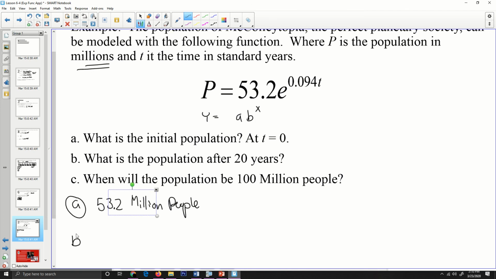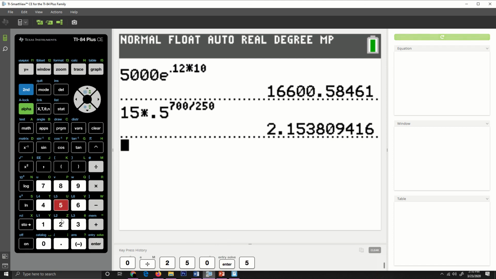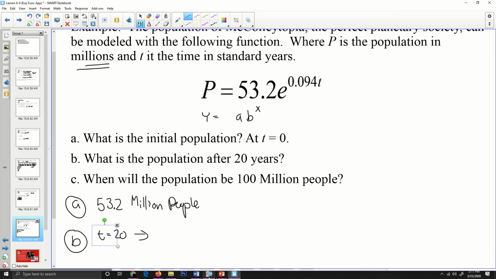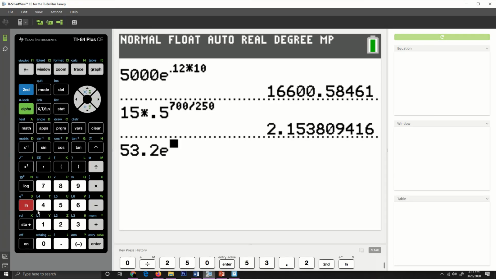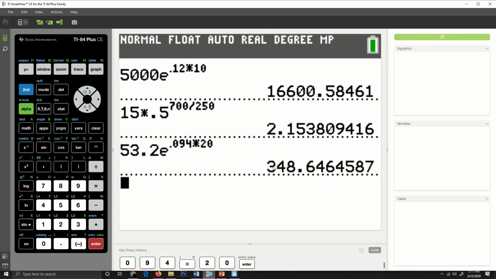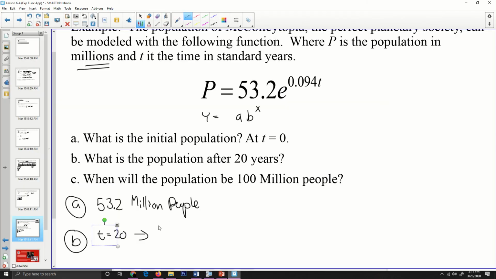And B, what is the population after 20 years? Well, we would plug in a T equaling 20. That is going to yield us, so if I go 53.2 second e to the 0.094 times 20 for 20 years, we'll have 348.646.